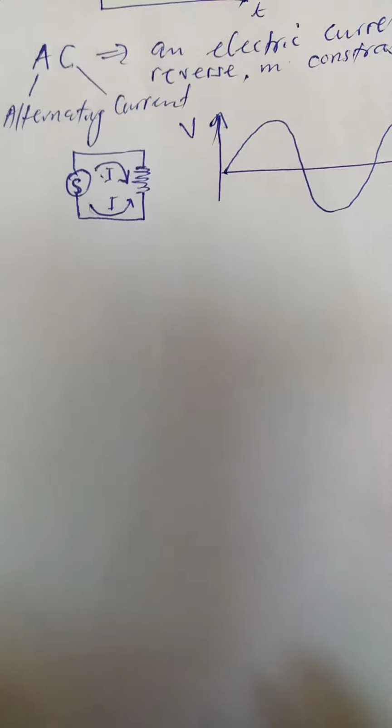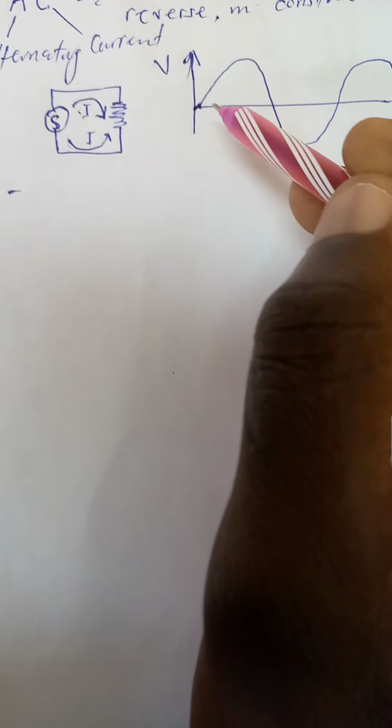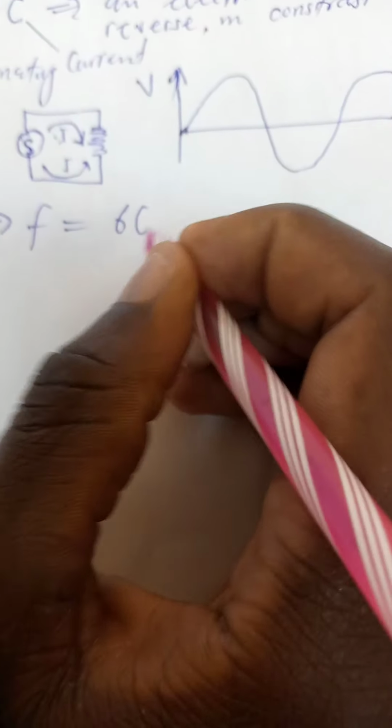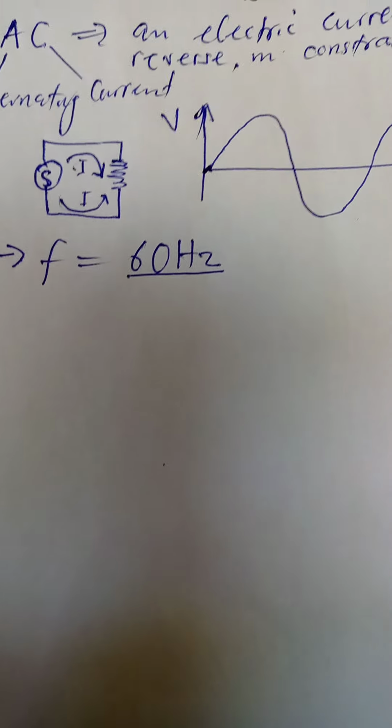In AC, the other thing we have to understand is that it oscillates at 60 hertz. That implies your frequency is equal to 60 hertz, which is the frequency in this graph.